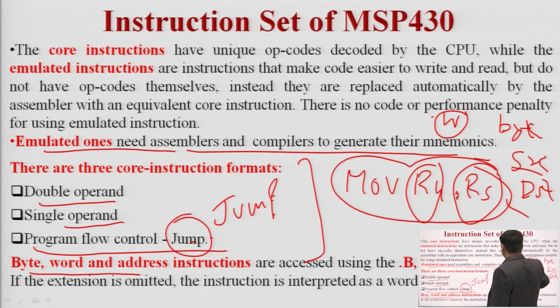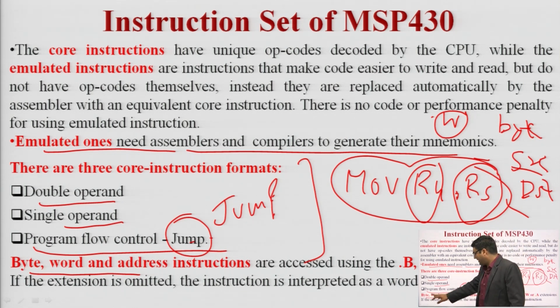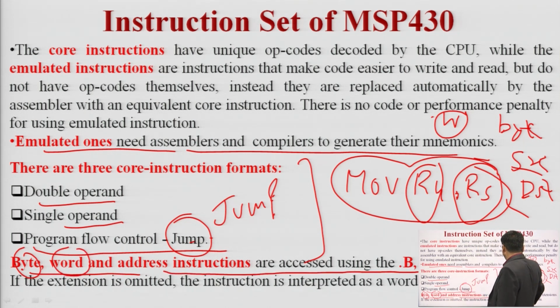You can carry out an instruction either as a byte of 8 bits or as a word of 16 bits, and address instructions use the .a extension. So .b represents a byte instruction, .w a word instruction, and .a an address instruction.